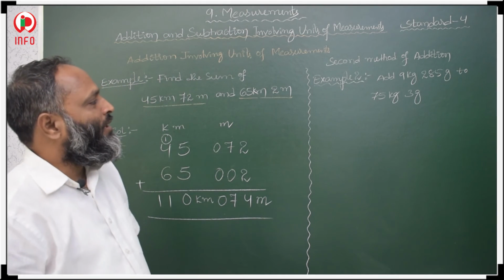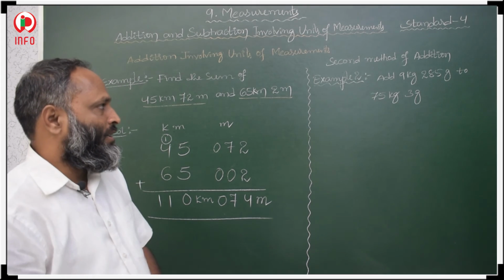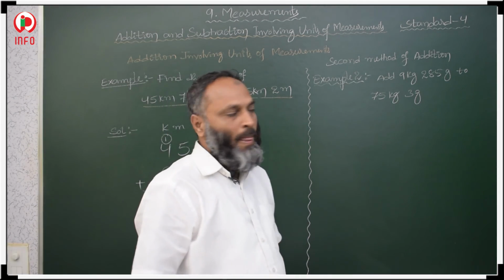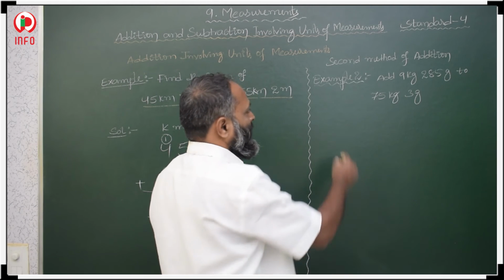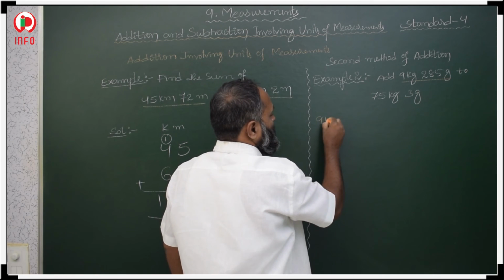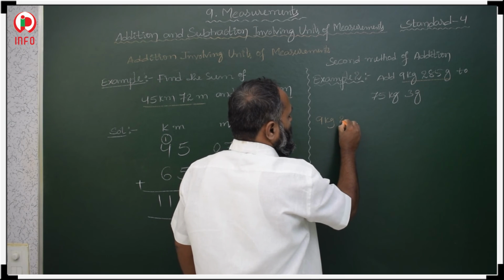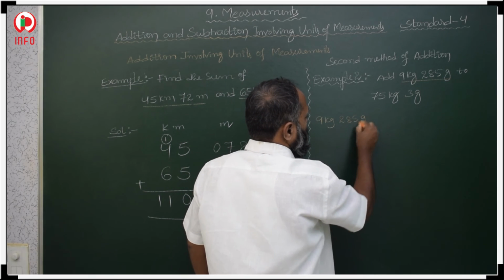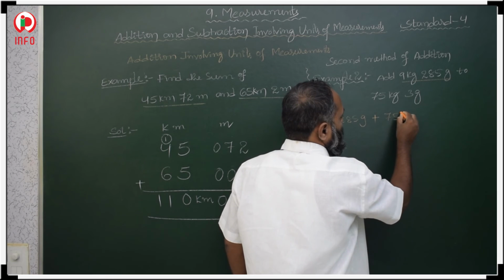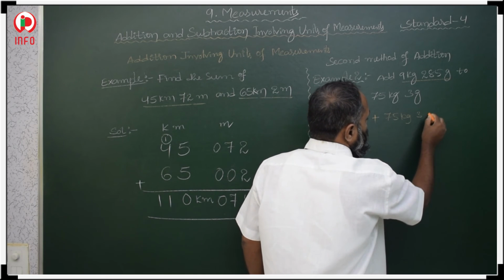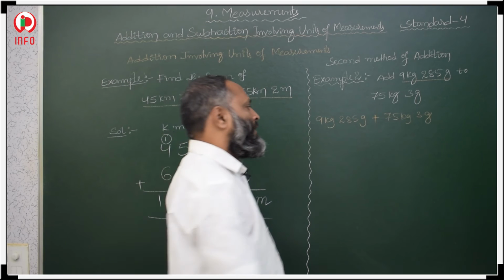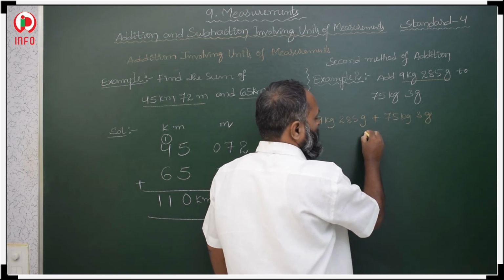Now, the second method. What is the second method of addition? This first method is a very simple, very easy method. In the second method, see what units are given here: 9 kg 285 grams plus 75 kg 3 grams. We already know that 1 kg is equal to 1000 grams.